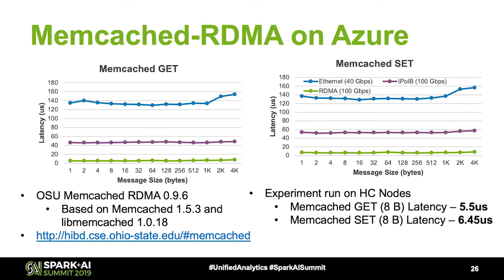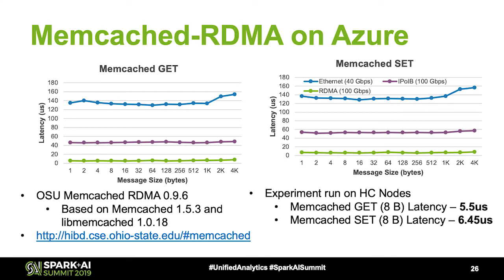If you see the latency of Memcached set or get, it is in the range of 5 or 6 microseconds. On the other hand, if you take a look at IP over IB, that's around 50 or 60 microseconds. We can see magnitudes of performance improvement here, and even Ethernet is even higher.